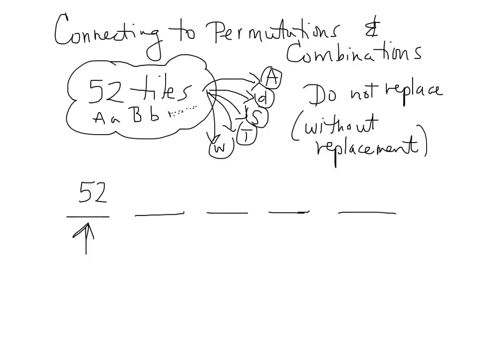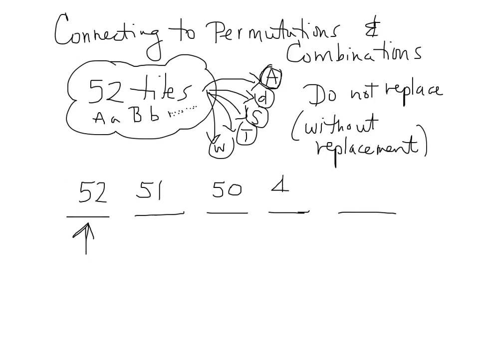And again, this is trying to get you to think about this step by step. Well, if I've already pulled out one, and remember I'm not putting it back because I'm keeping this first tile, well now there's only 51 left in the set. And then I keep that one, so now there's only 50 left for the third tile.